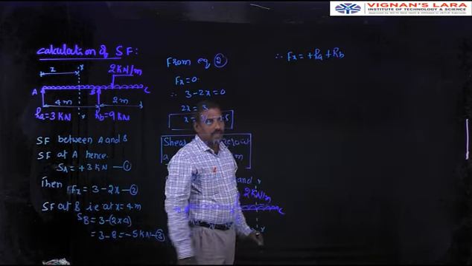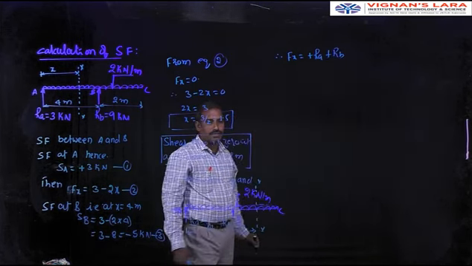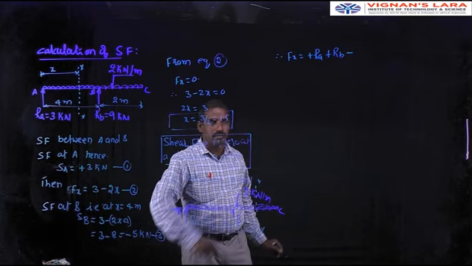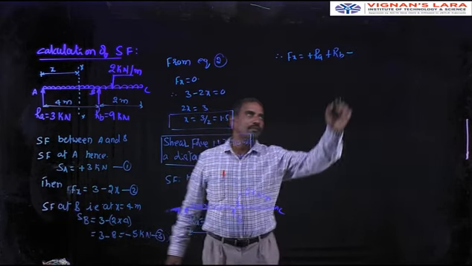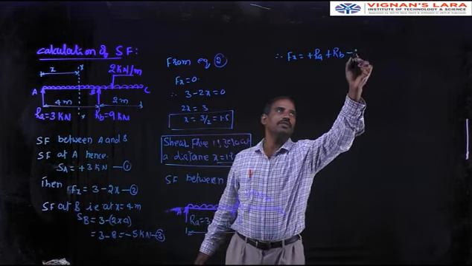Then let us see the shear force at a distance x. Definitely, left of the section, downward is taken as negative. Minus whatever its magnitude, 2 into x. This is the very important equation.